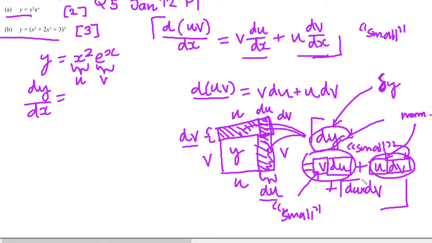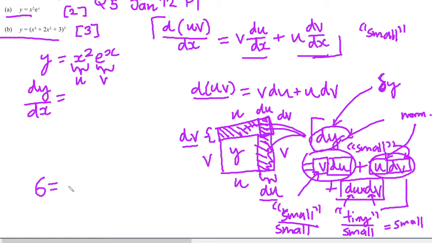But the thing is, this last number is a small number multiplied by a small number. I'm going to call this a tiny number, because even on the scale of small numbers, if you were to divide a small number by a small number, you'd get a reasonably sized number, but dividing this tiny number by a small number still gives you a small number. So this kind of equation is sort of like 6 is equal to 4 plus 2 plus 0.0000001 with infinite zeros.